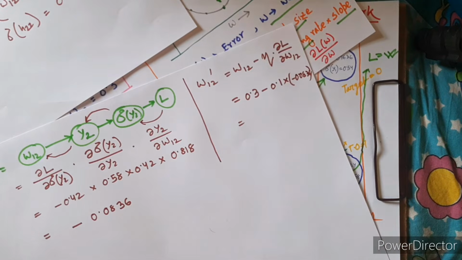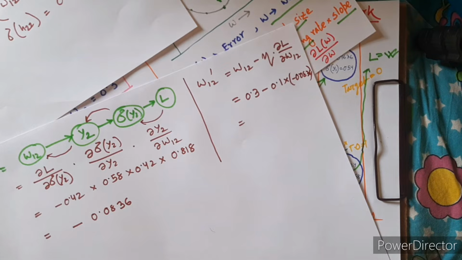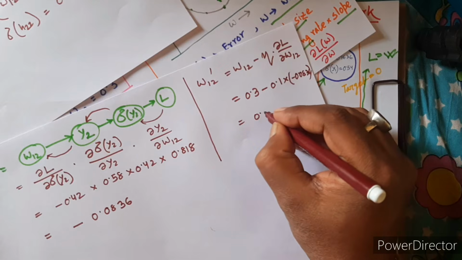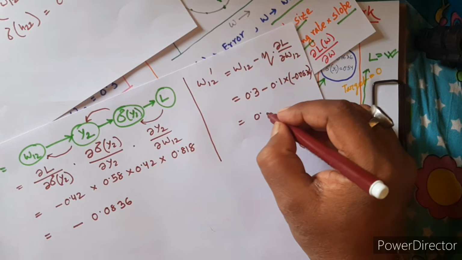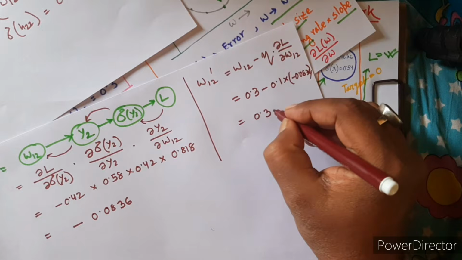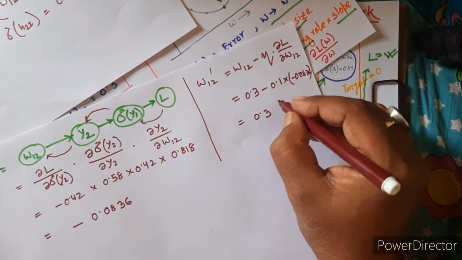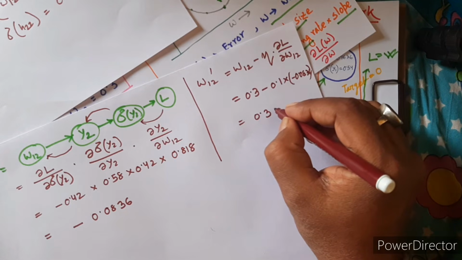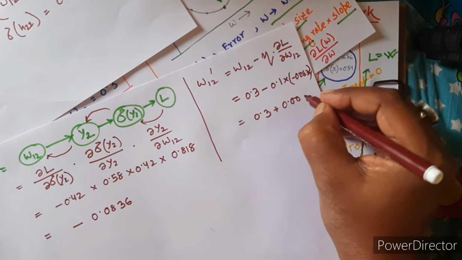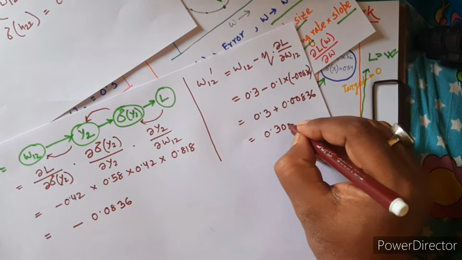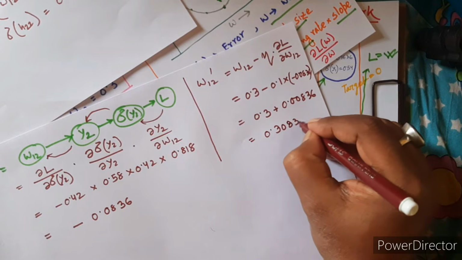So it will be 0.3 plus 0.00836, so it will be 0.30836.